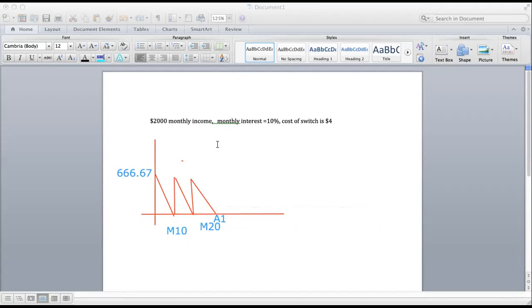So what is the average money holding in this example? It is 666.67 plus 0 at the end, divided by 2. You can calculate it throughout the month, but the average during every period will be the same, so it's easier to do it this way.